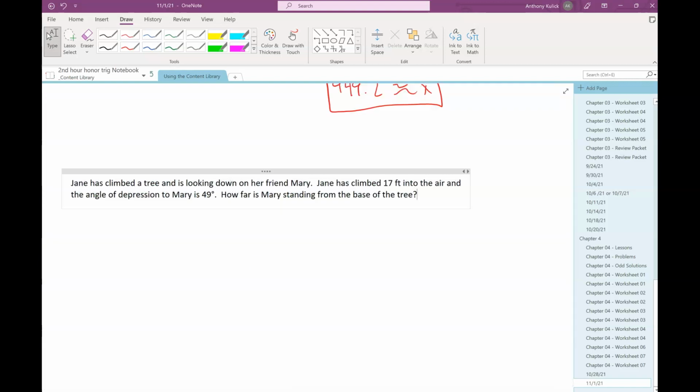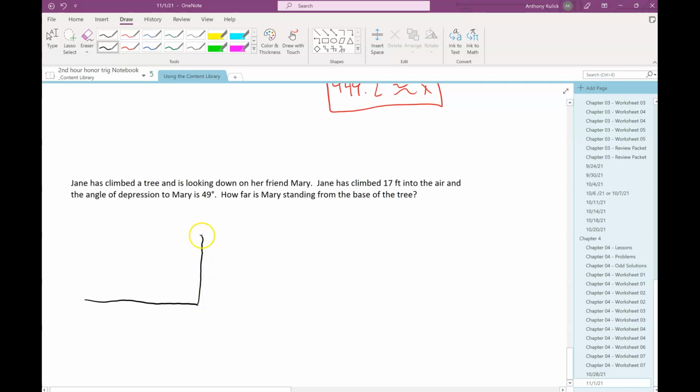It says Jane has climbed a tree and is looking down on her friend Mary. Jane has climbed 17 feet in the air, and the angle of depression to Mary is 49 degrees. How far is Mary standing from the base of the tree? So there's Jane, there's Mary.